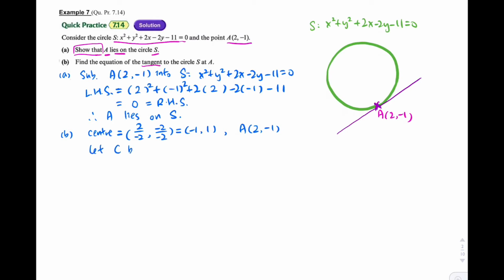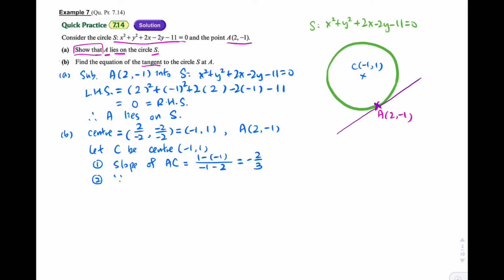So here, if we let C be the center, then we can find the slope of the radius AC. You have the center C is (-1, 1). So here you have the slope of AC is 1 minus -1 over -1 minus 2. So this is -2 over 3.